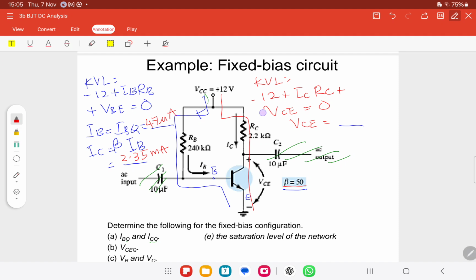Add VCE here. Don't think VCE equals 0. Okay, VCE.